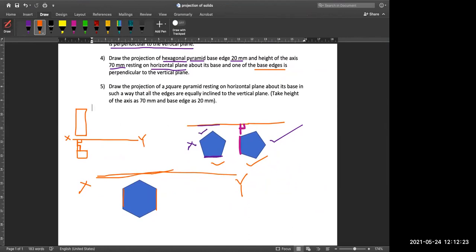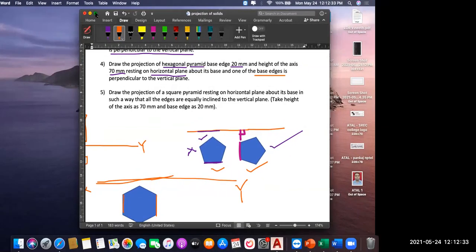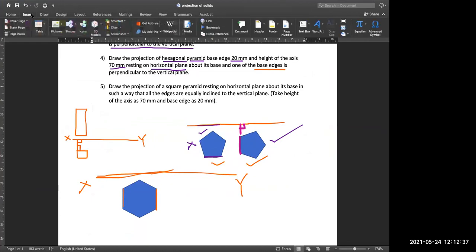Let me highlight, or first let me clear this. Do I have any option for doing that? Let me check. Okay.